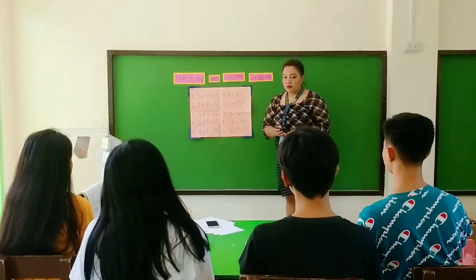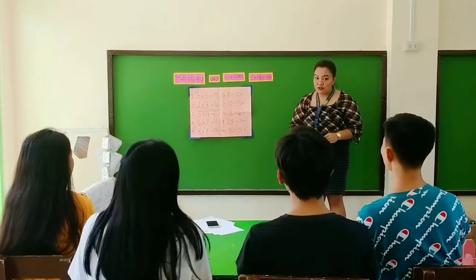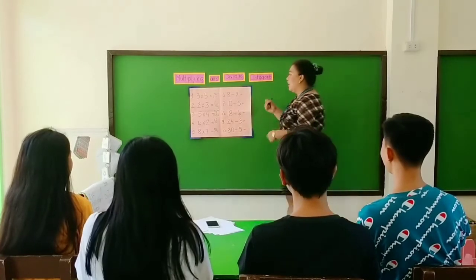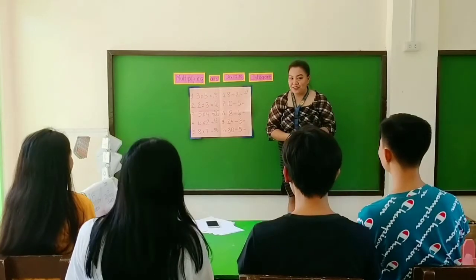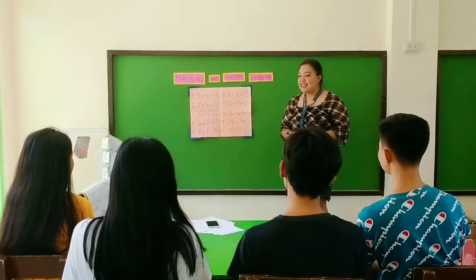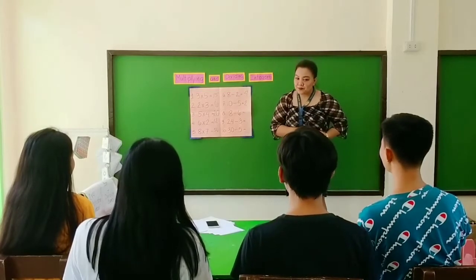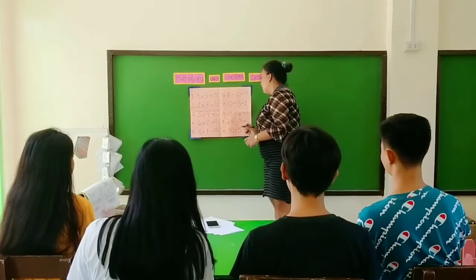Next, 8 divided by 2 is 4. Okay. 10 divided by 5 is 2. Very good. Next, 18 divided by 6 is 3. Very good.